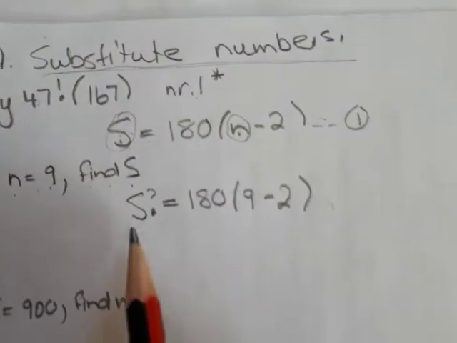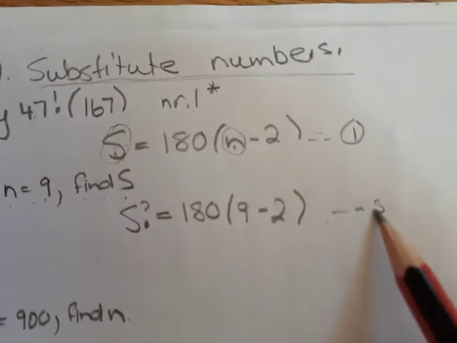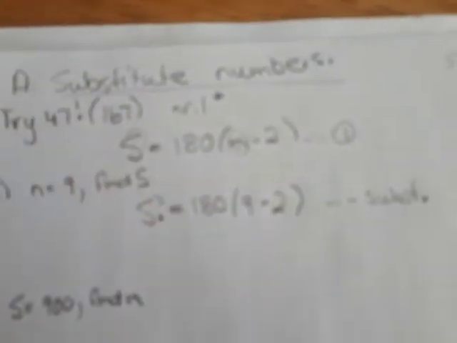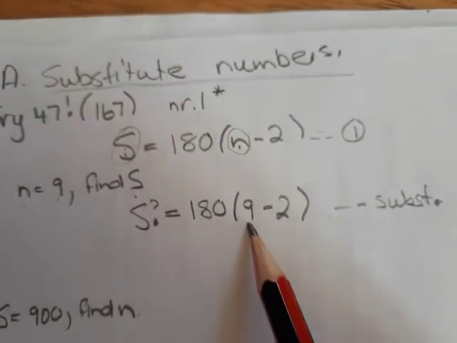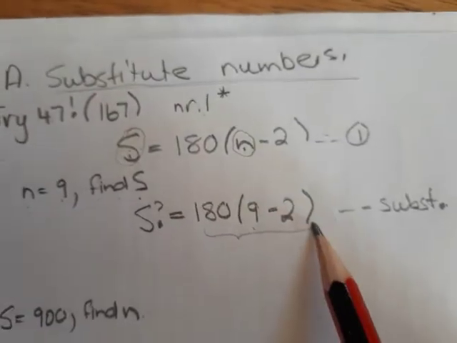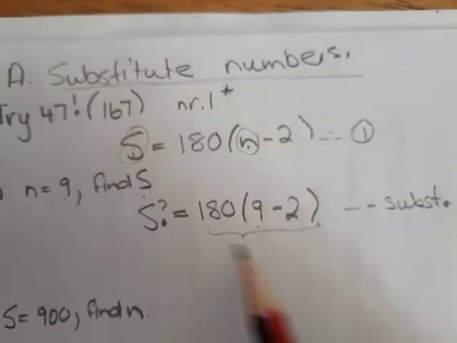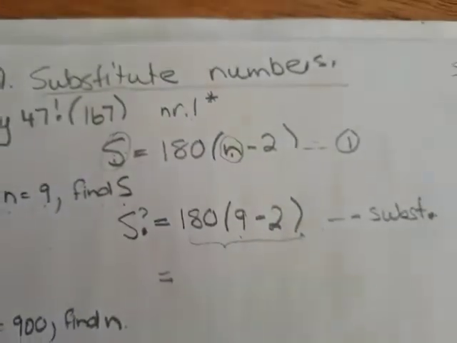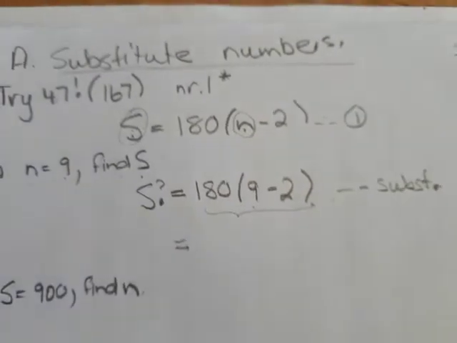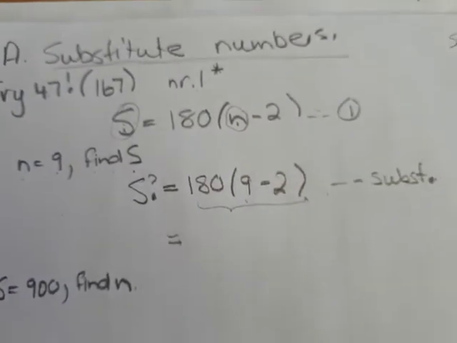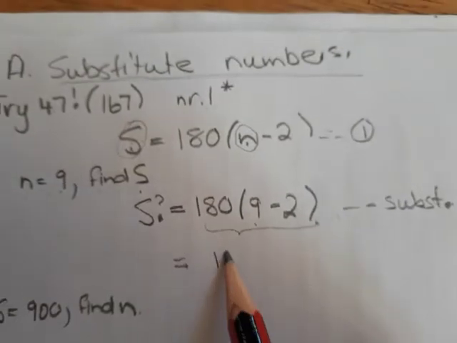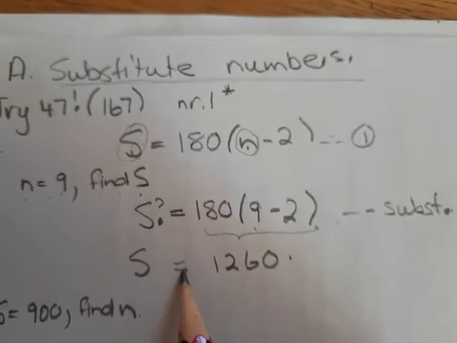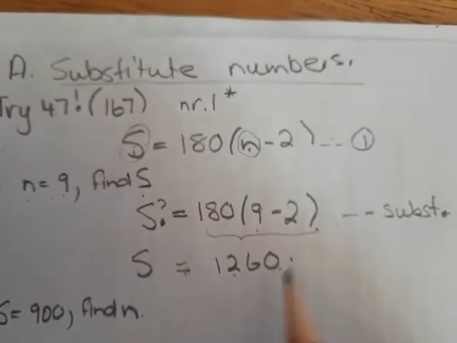So having substituted, this, people, is the step of substituting numbers, okay? Having substituted the value of n on the right-hand side, you only got numbers left over, which means you can now calculate the right-hand side, okay? Which is first the brackets, 9 minus 2, which is 7, times 180, and that gives you 1260. So the value for S equals 1260.